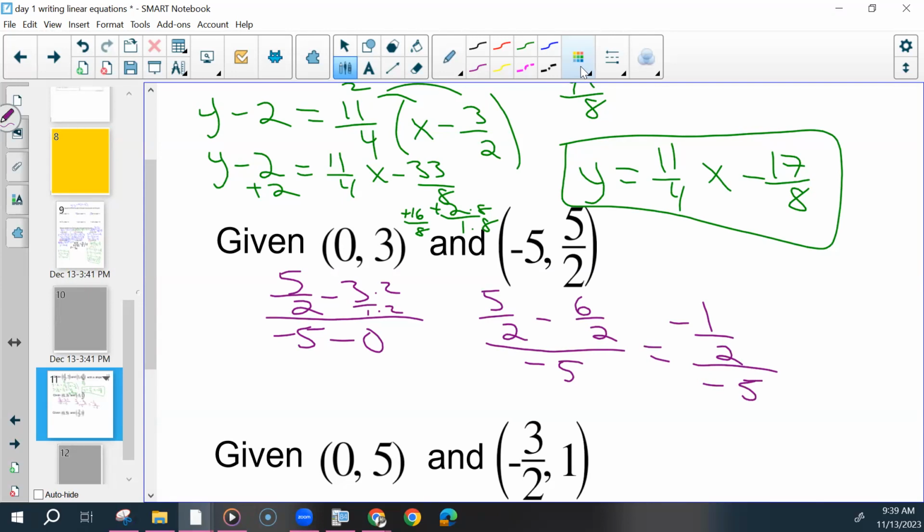Take the denominator, flip it, multiply it by -1/5 in the numerator and the denominator. What is our slope?